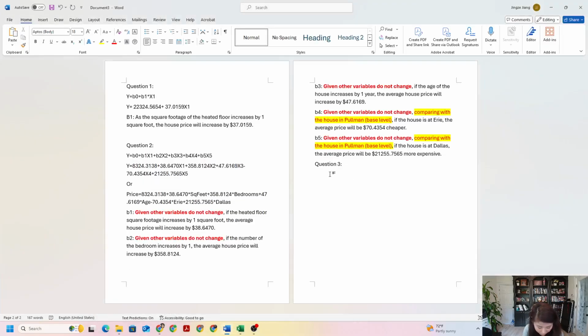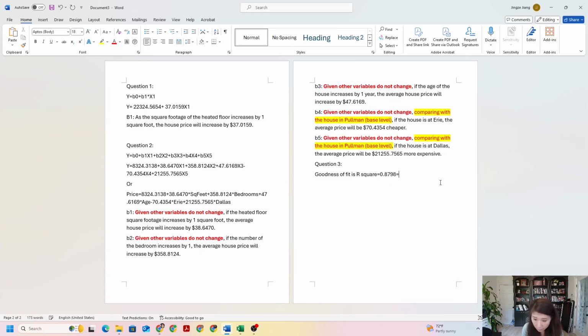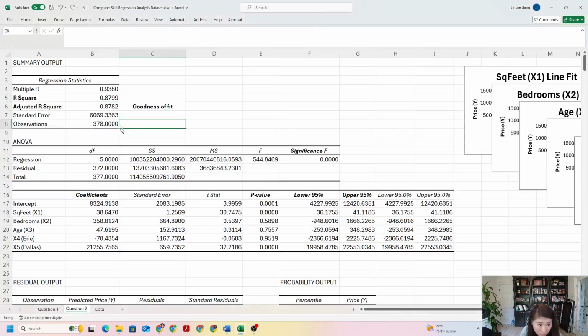Question number 3: goodness of fit is R-square equal to, and usually we like to convert it to a percentage. If I keep 4 decimal places, it's 0.8799, so if you go back to look at my Excel, it's 87.99%.